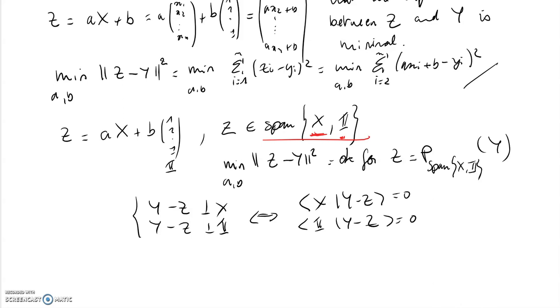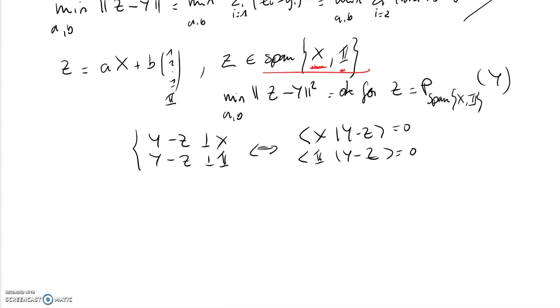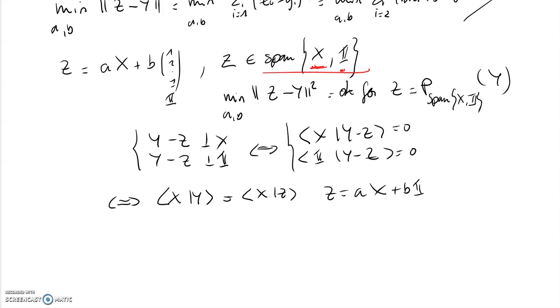Now, if I expand that a bit further, working on this system of equations, what do we get? x with y should be equal to x with z. Now I rewrite that z is equal to ax plus b times 1.